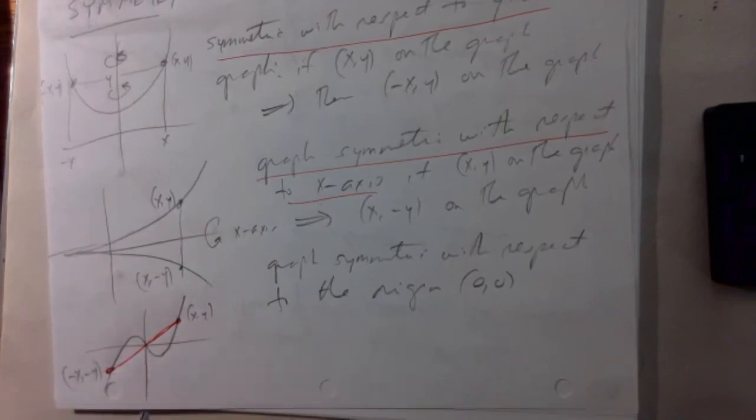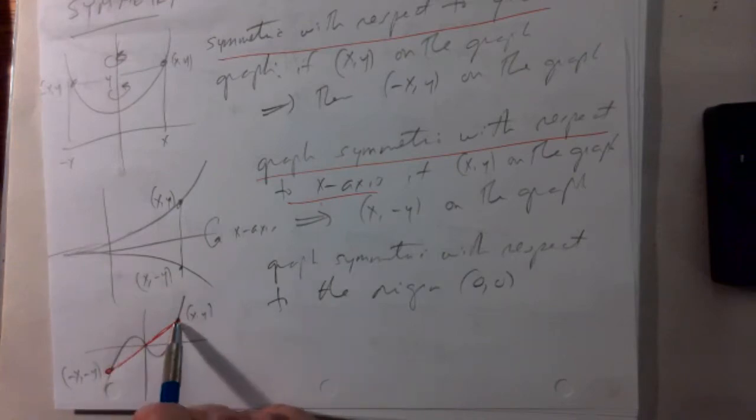That means that if you take a point x, y on the graph, and you draw the line from that point to the origin and continue it, it hits the graph again at the point minus x, minus y. That's what symmetry with respect to the origin means.